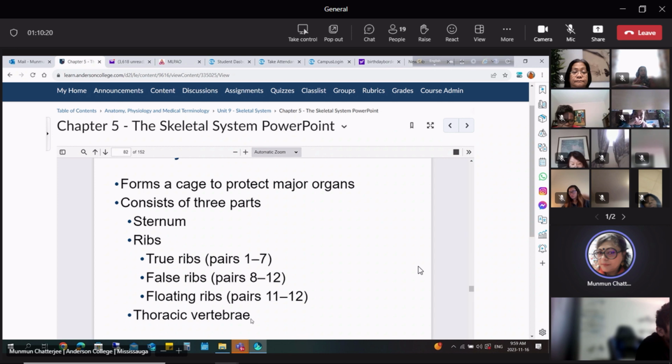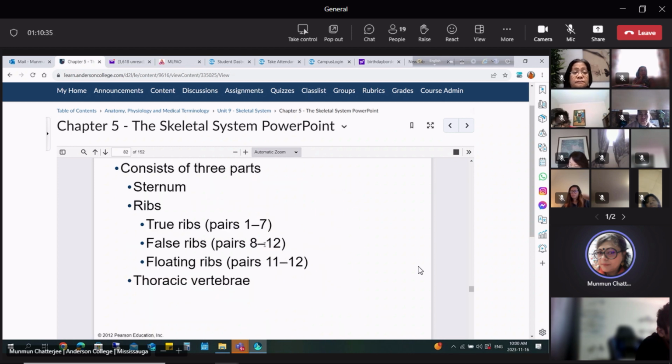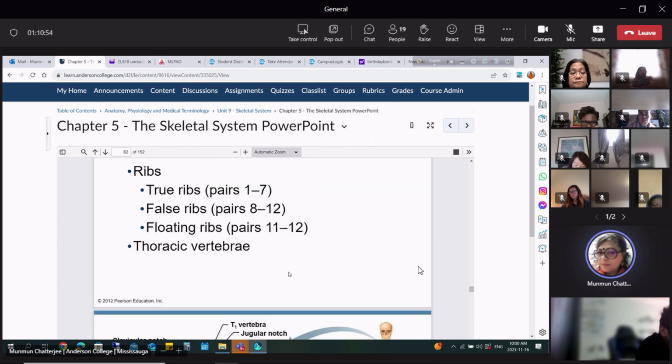So from the thoracic vertebrae to the sternum, ribs are connected from front to back to give a box or cage, the thoracic cage. We have true ribs, 1 to 7 pairs, false ribs, 8 to 12 pairs, and floating ribs, 11 and 12. And we have the thoracic vertebrae.